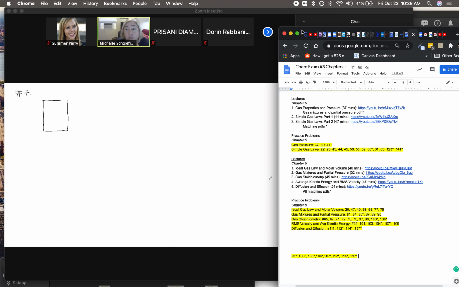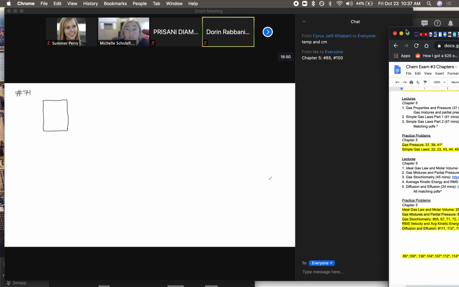This is key. We can't do the problem if we don't understand what we're being told, if we're told the container is rigid. The volume. The volume stays the same. So when we're told that the volume is 15 liters, it's always going to stay as 15 liters.